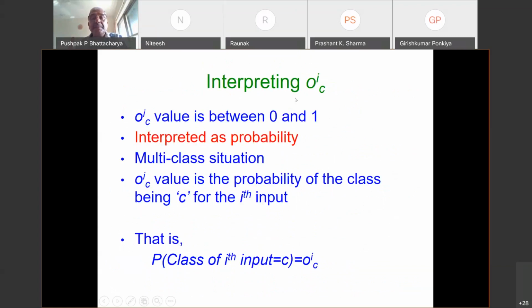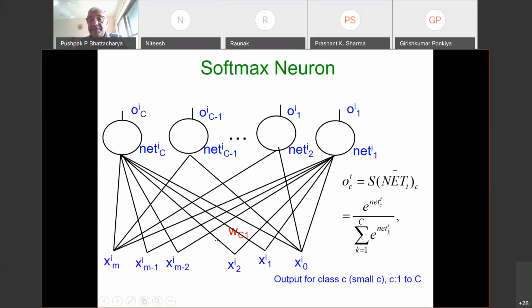But what is the interpretation of OiC? So OiC, when you look at this expression here, is the probability of the input belonging to the small cth class.